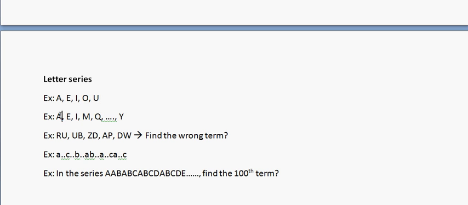So if you change it into numbers, it would be first, 5, adding 4 each time, 9, then if you add 4, 13, then 17, then after Q you have to add 4, so R, S, T, U, it has to be U, right?